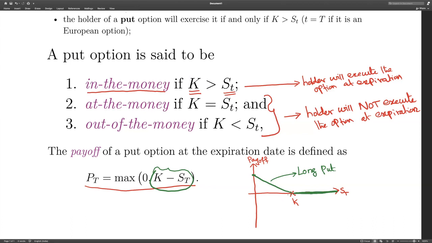Whereas if the spot price is less than the strike price, unlike the holder, the writer will lose money. This is the short put payoff. You can see that the only interest for a person to write an option, whether it is a call option or a put option, is just the premium, that's all.